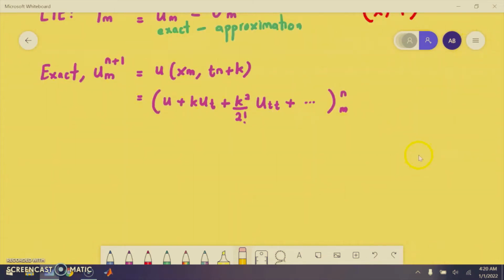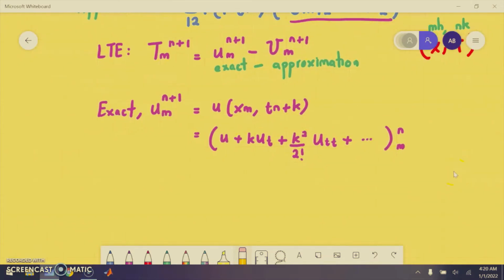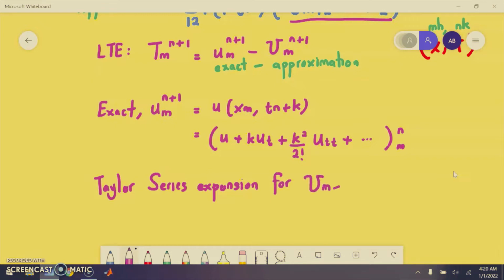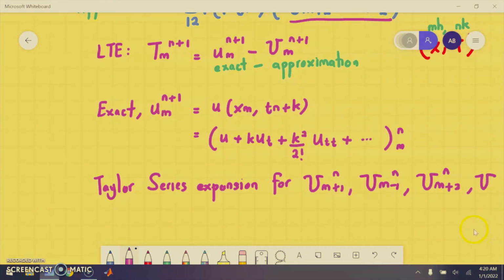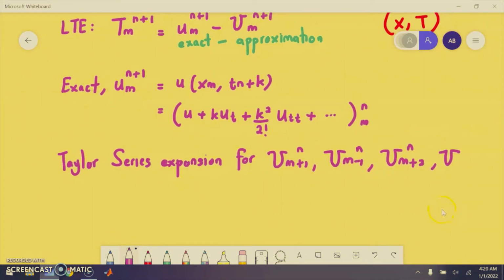Okay, so now let's find the Taylor series expansion for u_{m+1}^n, u_{m-1}^n, u_{m+2}^n, and u_{m-2}^n.